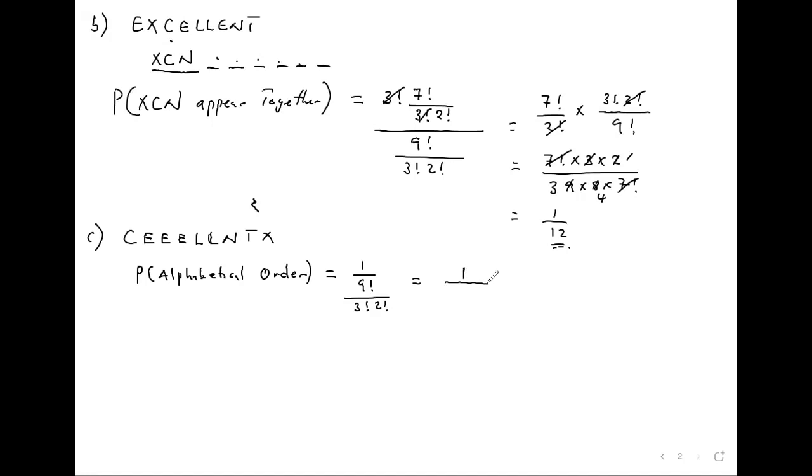Your calculators will give you these values, don't worry. So you punch in and you get the value of this. So there's only one way, because when you switch these E's there, remember wherever the E appears is 3 factorial over 3 factorial, because they're the same. The same with L. So we're saying the order is just 1 out of all the possibilities. It only makes sense if we say it's 1 out of all the possibilities.